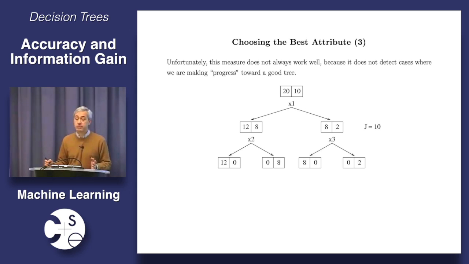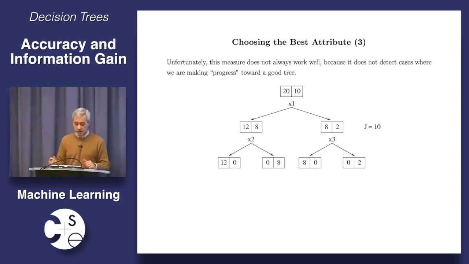So what's my total number of errors? 10. And how many errors was I making up here? 10. So this attribute is no improvement, right? I might as well not bother. I basically have the same mix of positive and negative that I had before. Okay? So by our accuracy evaluation measure, this attribute is not helping.